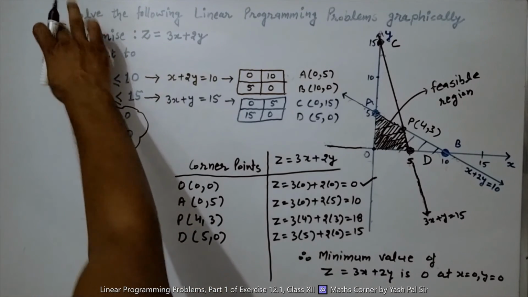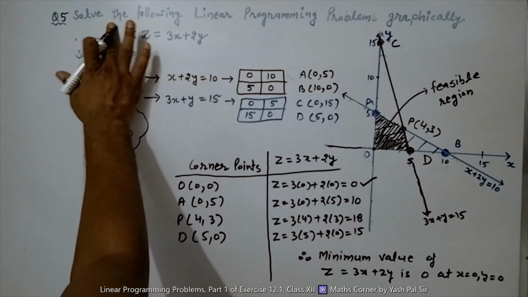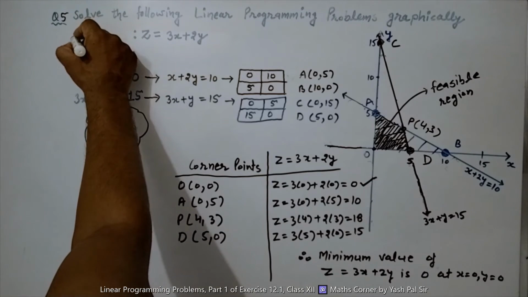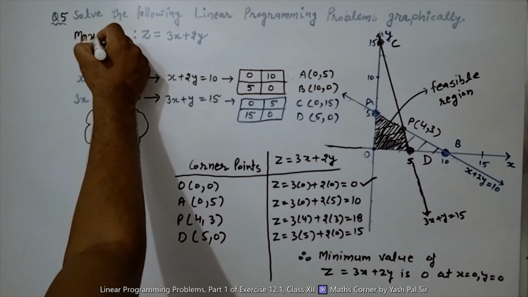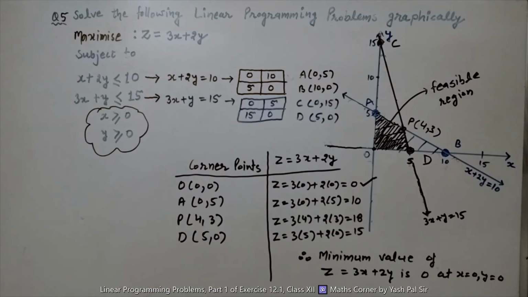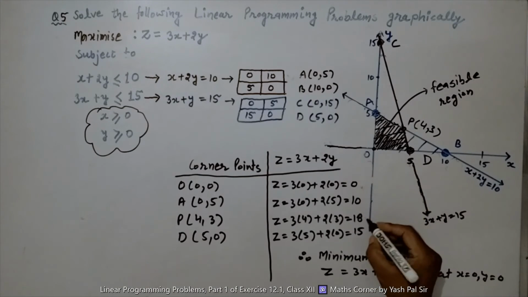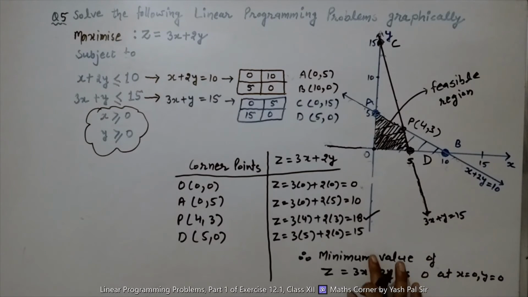Wrongly I have taken this as question number 4. This is our question number 5, and in place of minimize we have maximize. So what maximum value do we have? 18 is the maximum value.